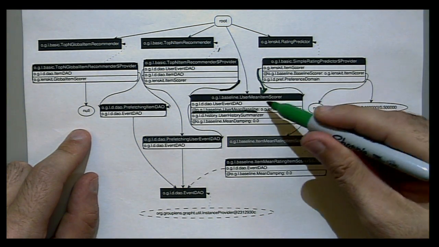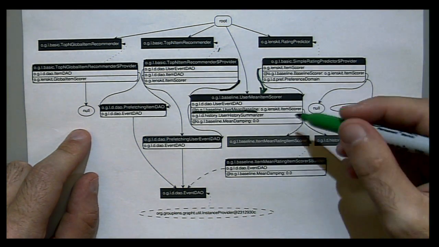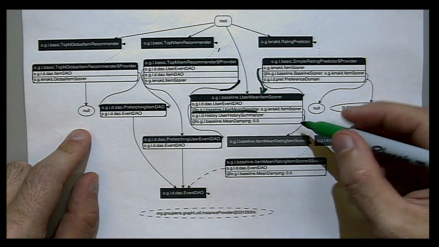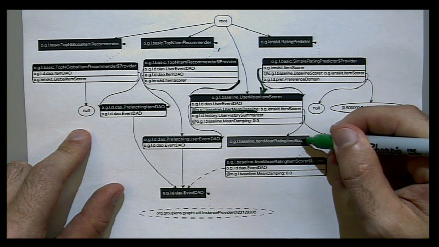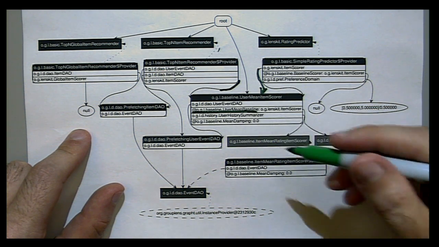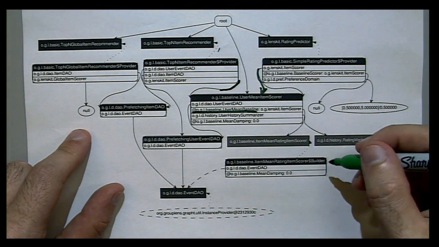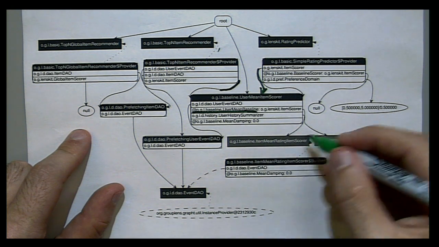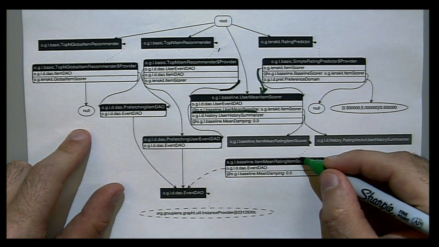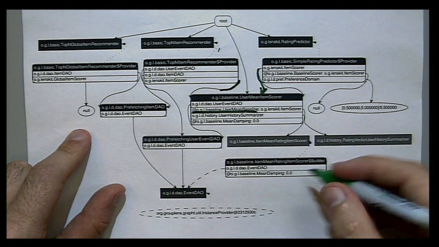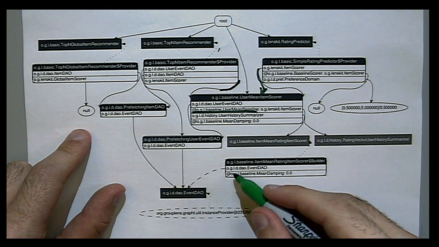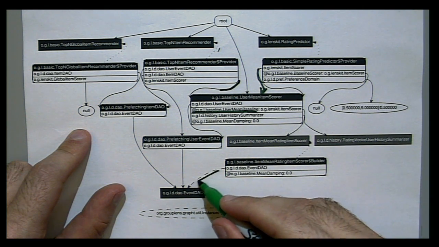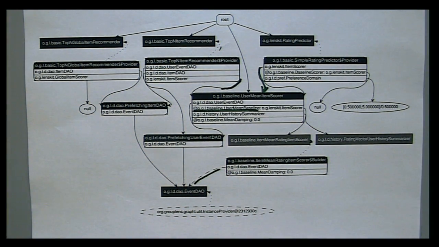So this configures an ItemScorer that basically has two stages. It uses the item mean rating, and then it computes user offsets from that in order to do the final scores. The user mean item rating scorer is built by a builder, and that builder in turn depends on the event DAO.